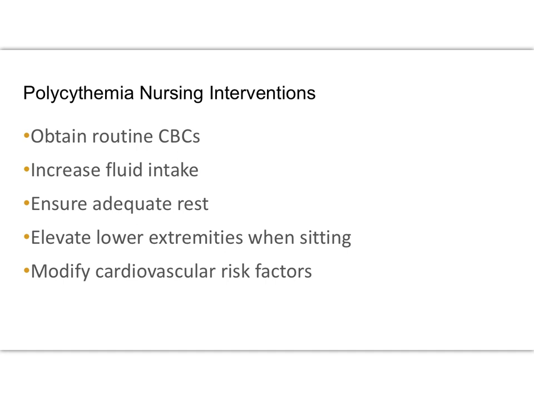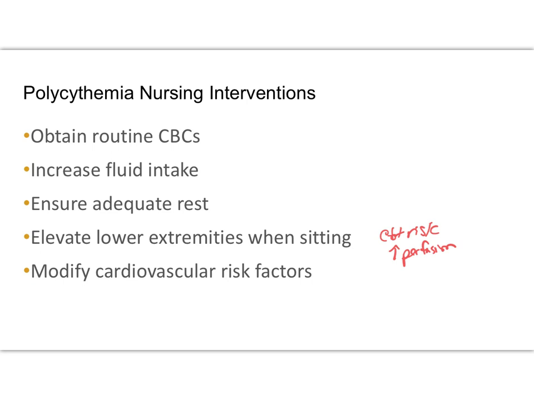We want to encourage them to drink plenty of fluids, to rest. Elevating lower extremities when sitting might help with what? Clot risk. Help with blood flow, perfusion. And then because of the risk with clots, we want to be really checking for any issues with heart problems.